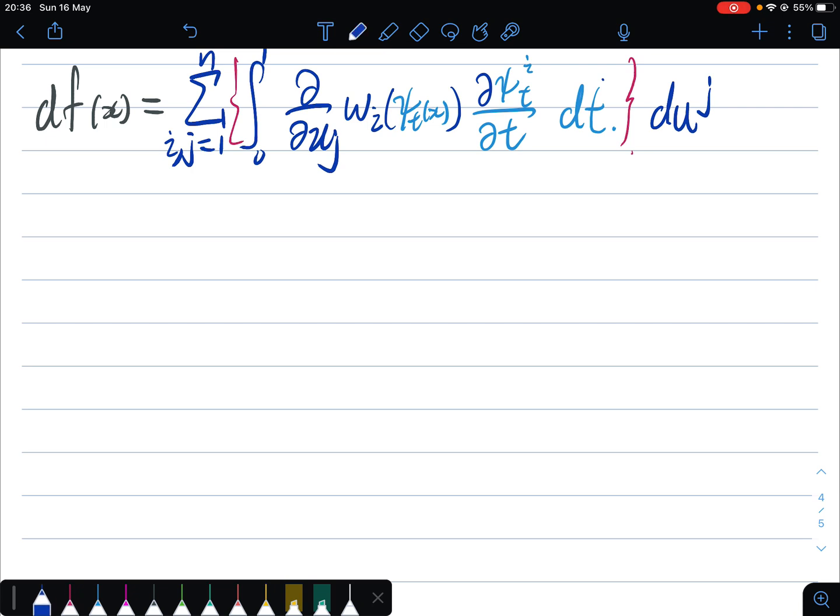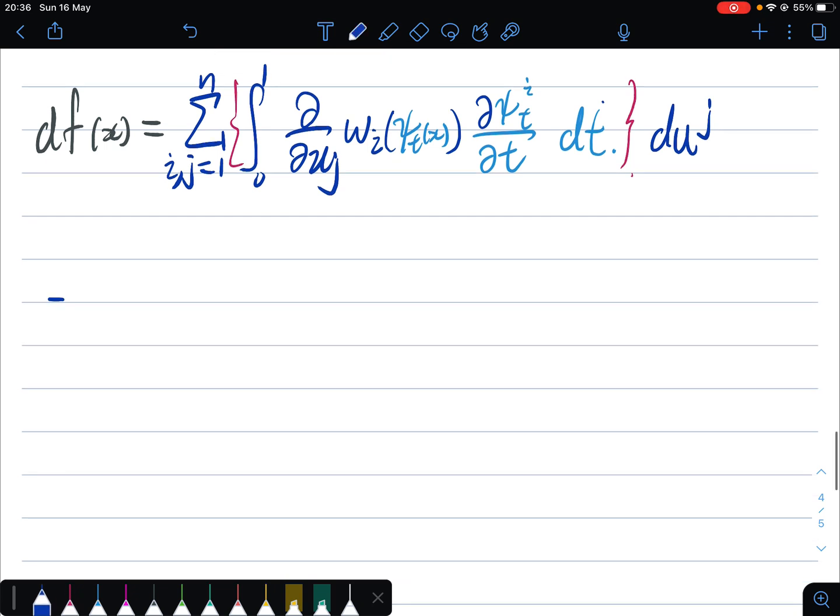By the product rule, we first differentiate this factor and keep the other, and then differentiate the other factor and keep this one.